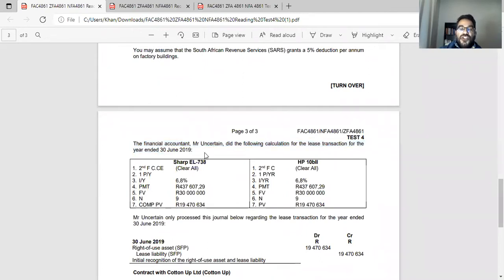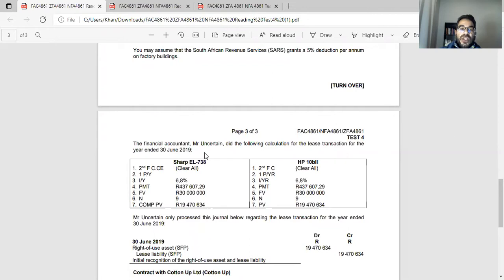He should have recognized the journal on 1 July 2018. And then at 30th June 2019, he should have done the subsequent measurement transactions, which are the variable lease payment, the depreciation for the right of use asset, and the lease payment.